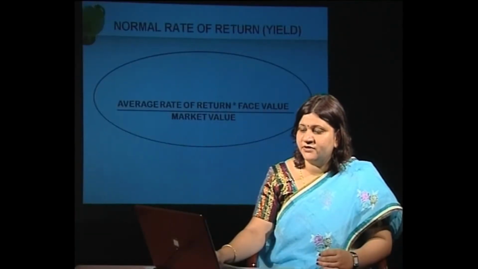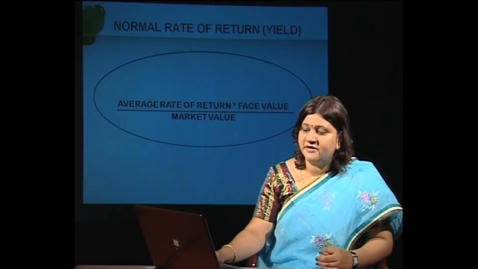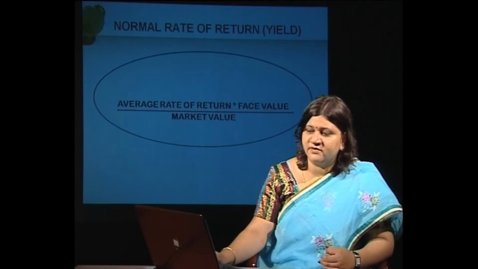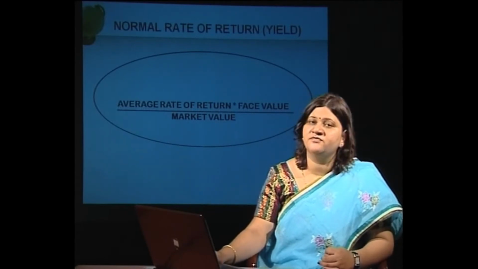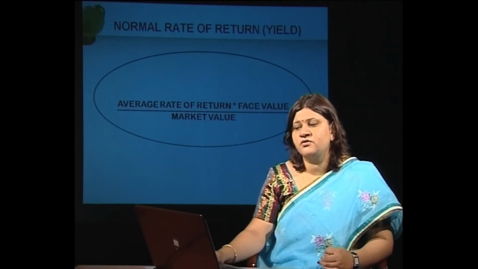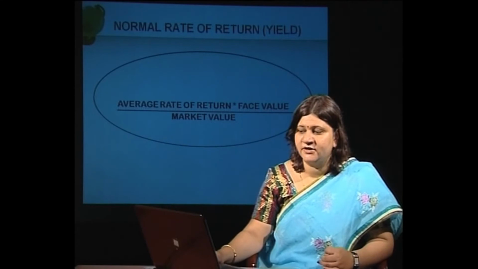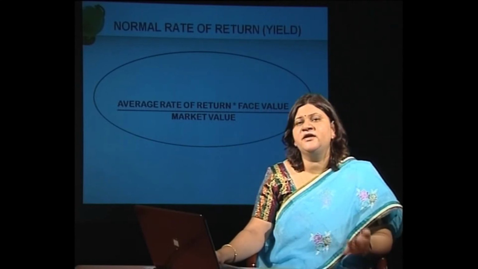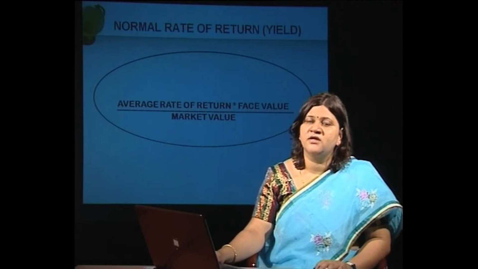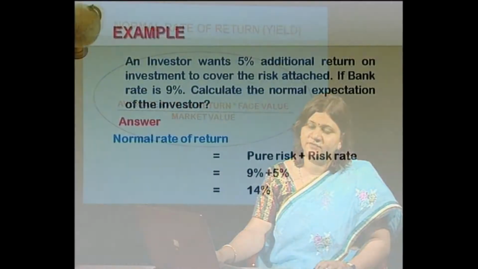It will be computed as average rate of return into face value divided by market value. So, where information in the question is given in relation to the face value and market value, and the average rate of return is given, we can go for this formula to ascertain the normal rate of return. So, depending upon the information given in the question, we can go for the calculation of the normal rate of return.